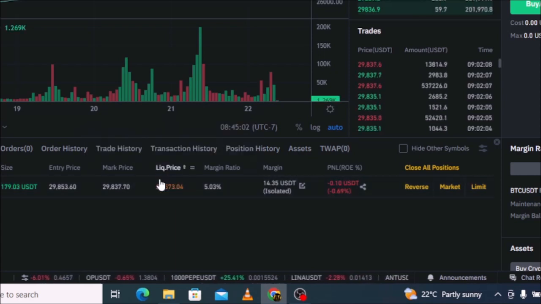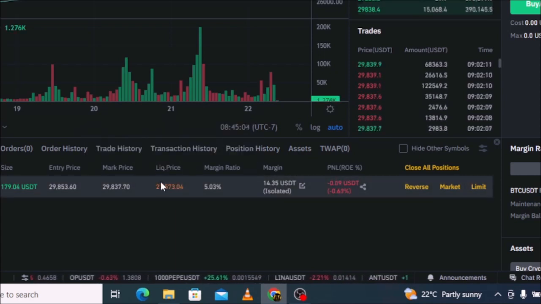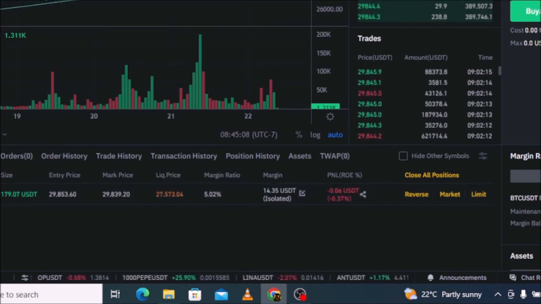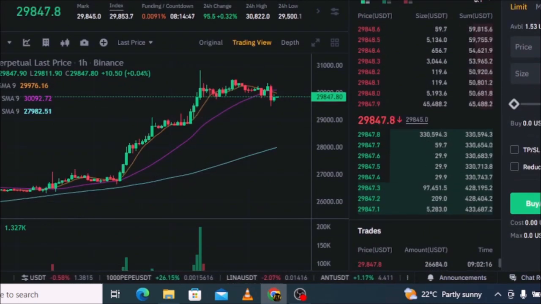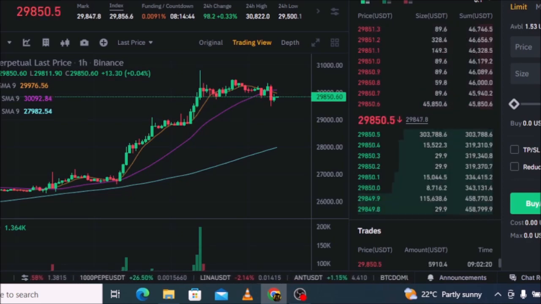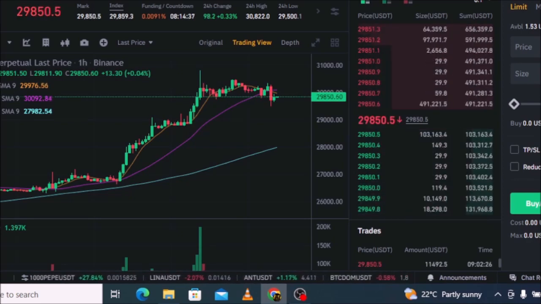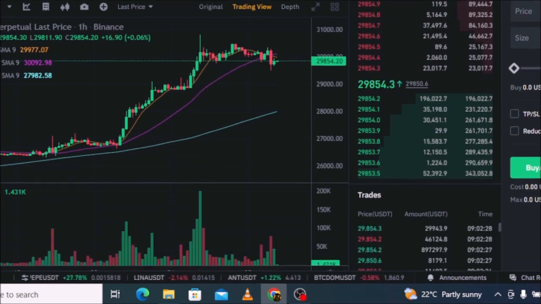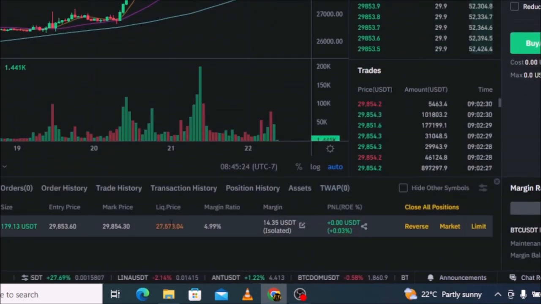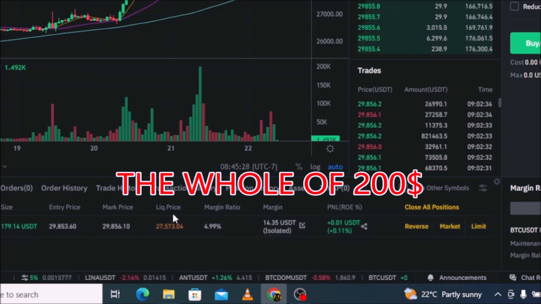Once it reaches the liquidation price that the exchange has indicated to you, everything that you have borrowed, it means you have failed. Everything will be taken from your account. So when you are in cross trading and it reaches the liquidation price, it means everything on your account will be taken. I mean, 200 will be taken.